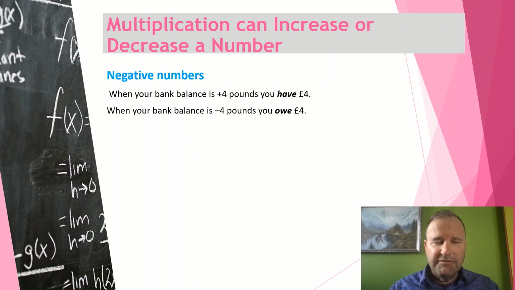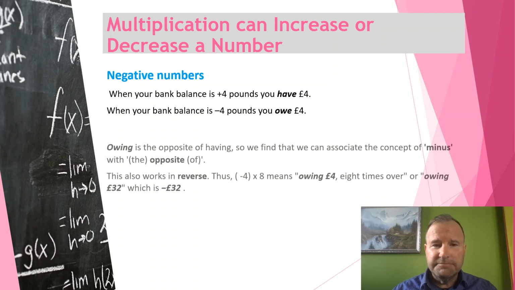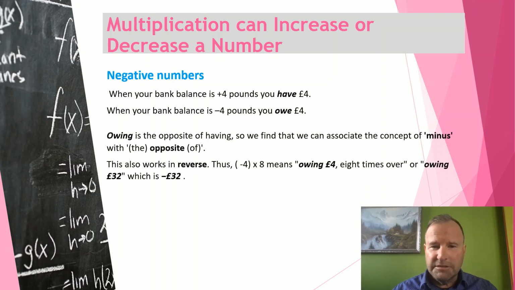So when we have negative numbers, that also means it's reduced. When your bank balance is plus £4, you have an extra £4 to spend on whatever you may wish. When your bank balance is minus £4, you owe them £4. Owing is the opposite of having, so we can associate this concept with a minus, or the opposite of. So instead of a positive bank account, you've got a negative bank account. This also works in reverse.